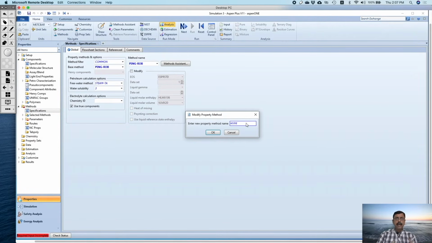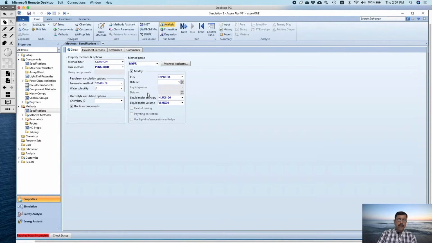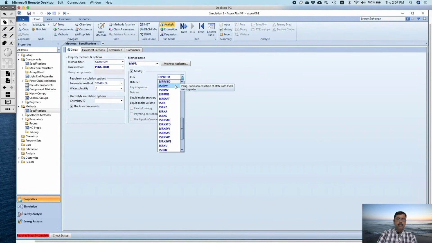So that's the name you want to give to that property method, and immediately it will open up some options for you. You can change the equation of state from Peng-Robinson to something else. You can use the Peng-Robinson equation of state with the PSRK mixing rule, or with the MHV2 mixing rule.